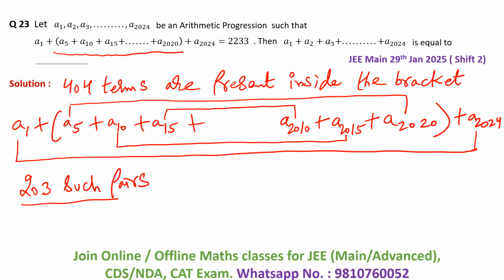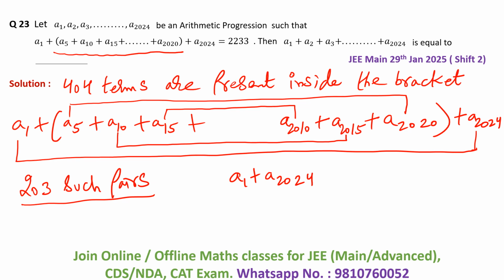Now we have to use one very important property of AP, and that is the sum of the terms equidistant from the beginning and end in an AP is equal to the sum of the first and last term. That means the sum of each pair is going to be equal to A1 plus A2024, right?